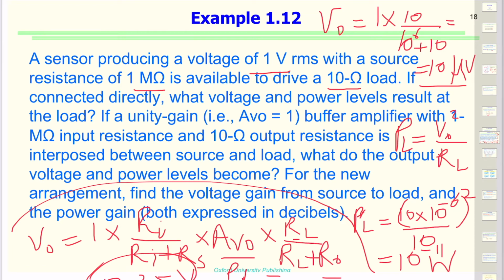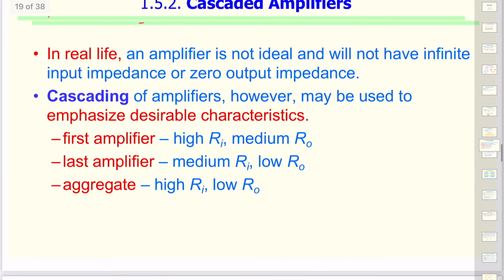So they give us overall amplification with large input resistance or maybe low output resistance. So we design it in a way that gives us amplification plus low output resistance for whatever application we are doing. In those cases, we cascade them together. These are just examples of desirable characteristics.